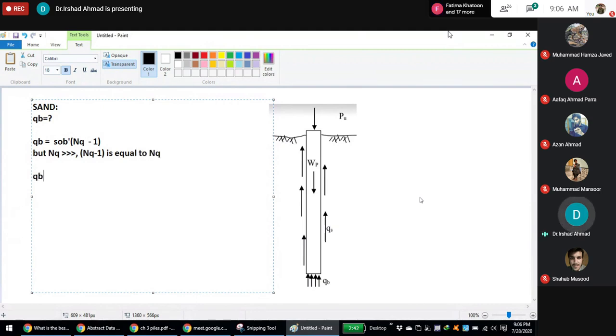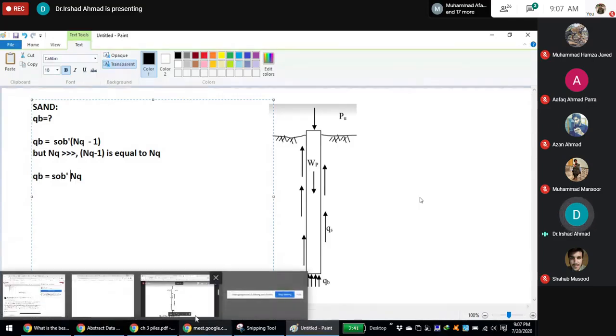So QB is equal to sigma naught B prime into NQ. This is the simple equation for QB that we obtained from this equation. And what is NQ? You know this is bearing capacity factors. For pile foundation, it would be a bit different.